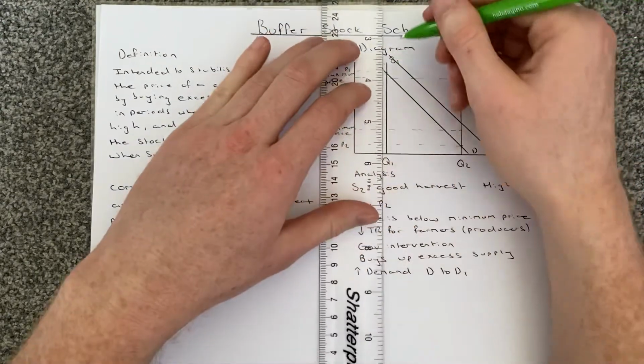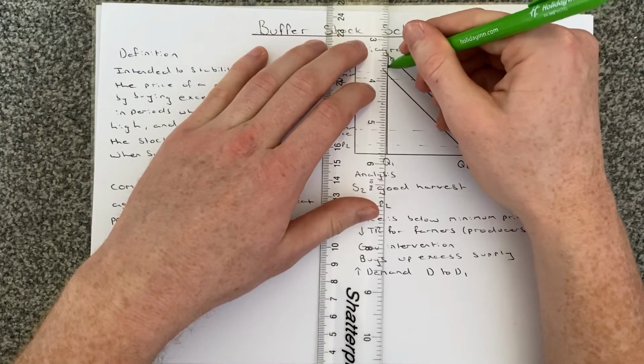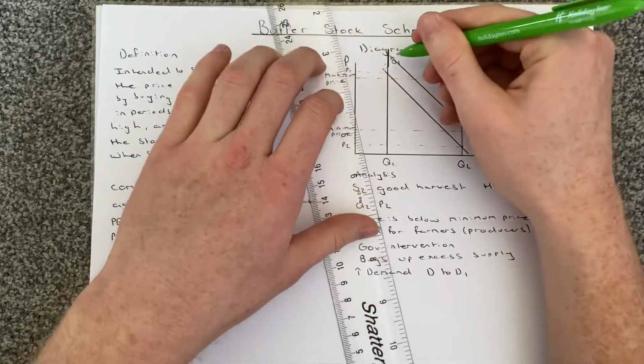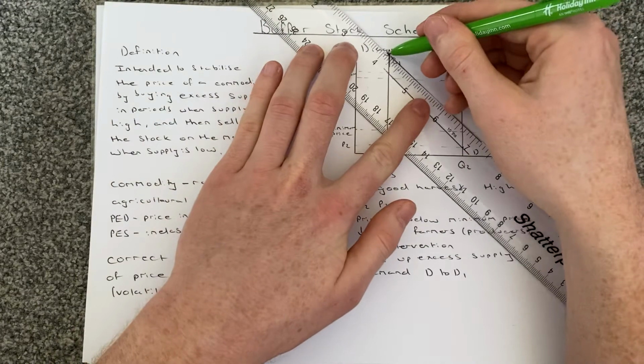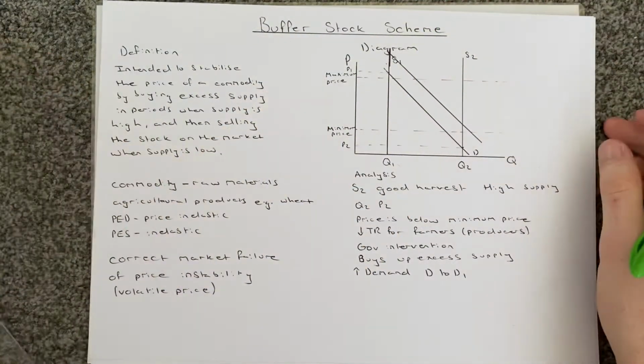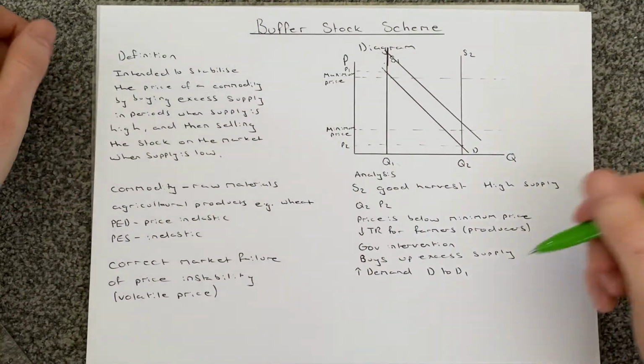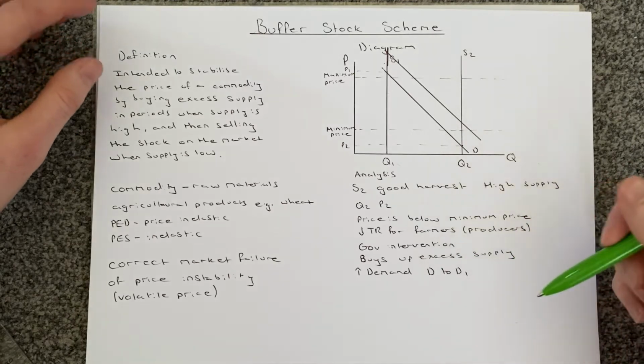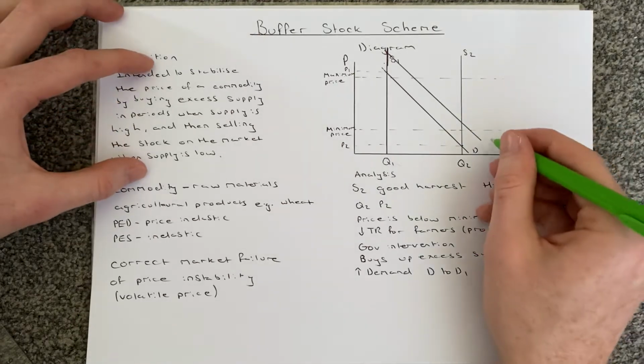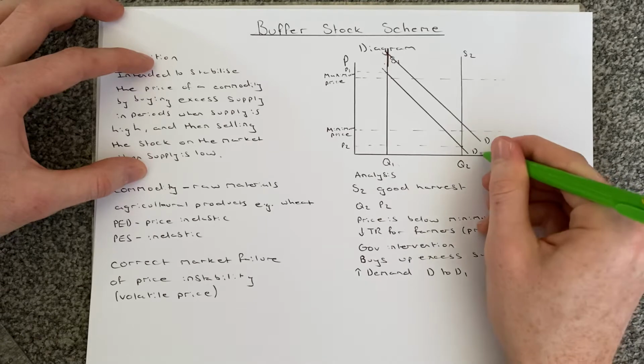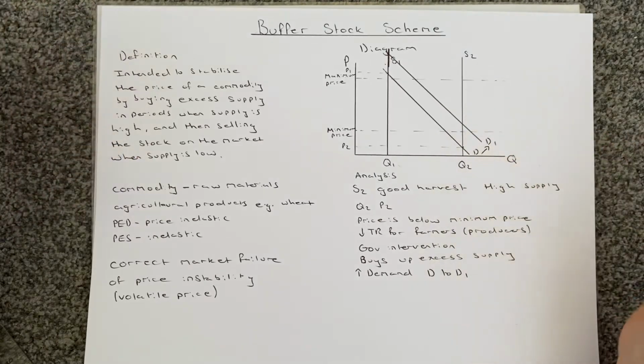There we go. We can maybe just extend our supply curve so it's not detrimental, we can just do that there. Okay, so we've added in a new demand curve representing the government buying up the excess supply, and we can label that D1, and draw an arrow out from D to D1. So what does that mean for our price now?